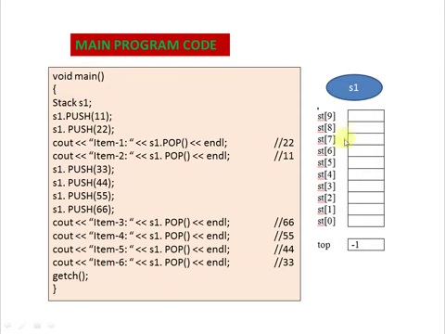So the computer will assign the memory which we have declared in the class to this object s1. It contains an array of 10 integer elements and a top variable. During the declaration of this object, the constructor of the stack class will be activated, and it will initialize the top variable to -1.